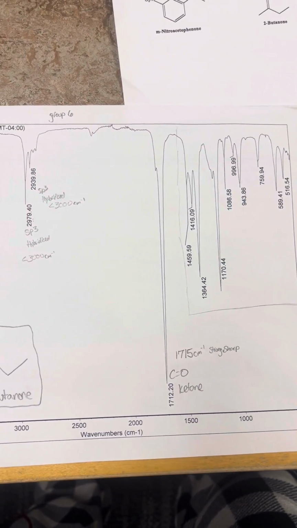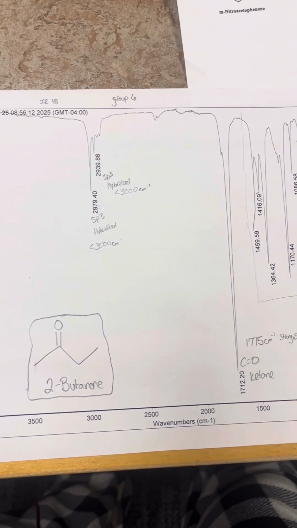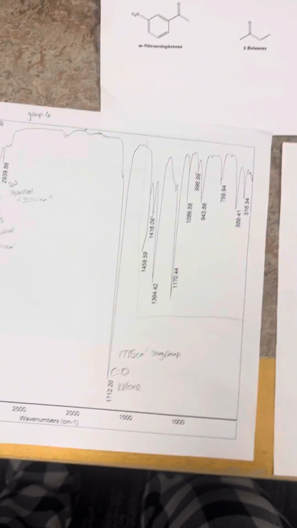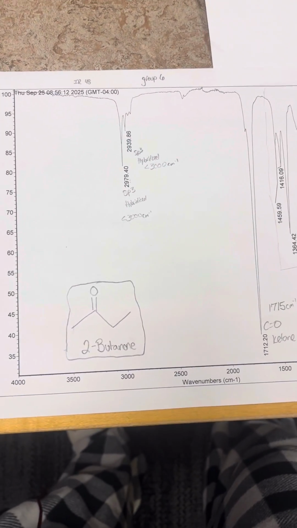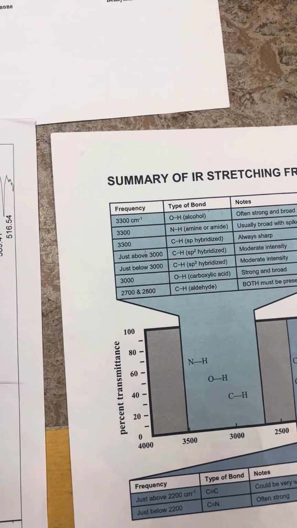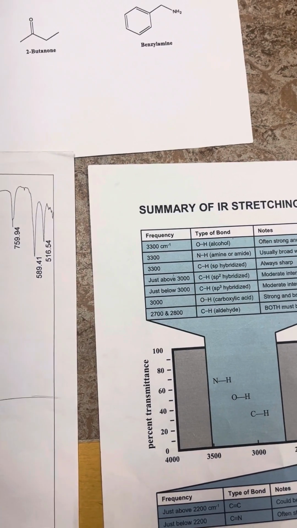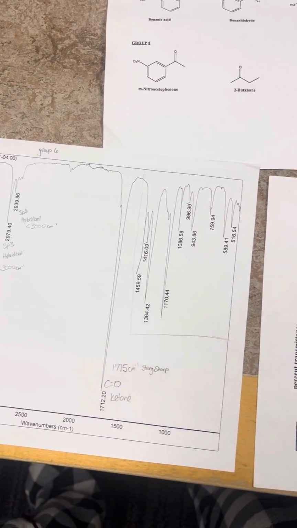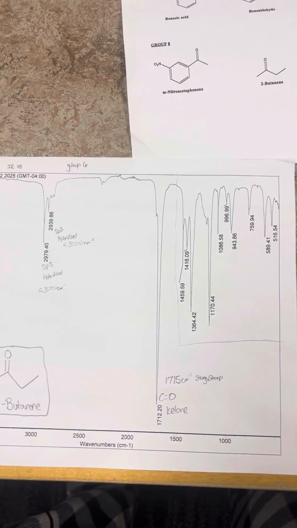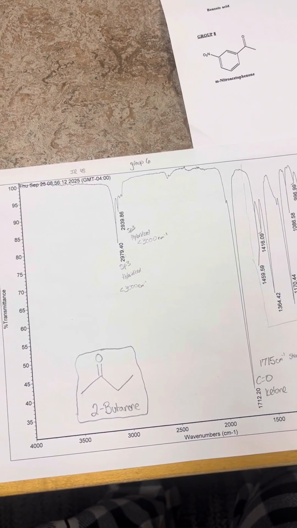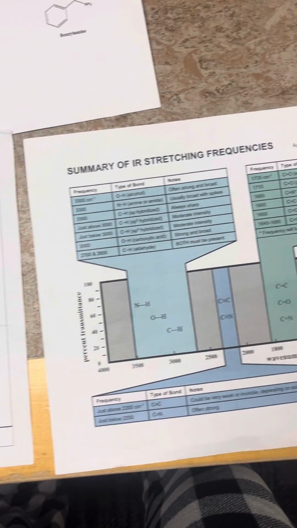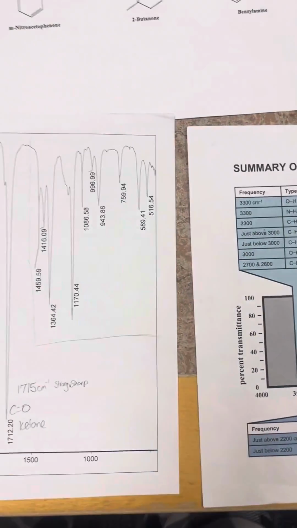And the sp2 hybridized C-H would be very abundant throughout the IR spectrum. And like I said, the absence of aldehyde stretches from 2720 to 2820, with the carbonyl, eliminates those from the ketone.